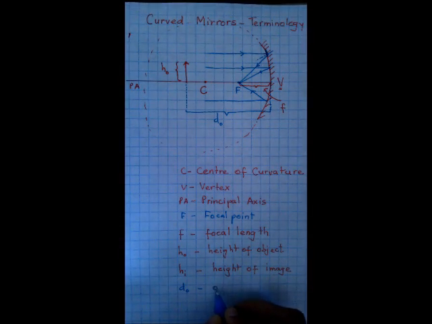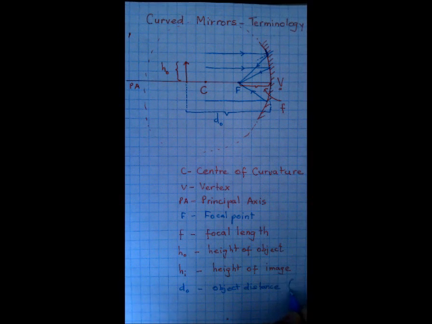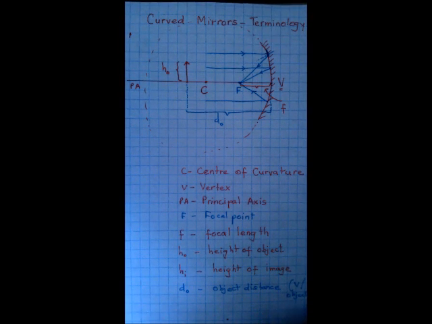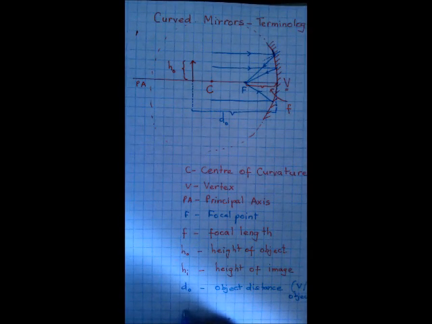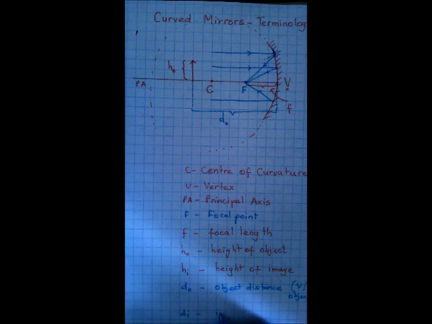DO, object distance. Remember that it's the distance between the vertex and your object. Similarly, DI would then be your image distance, which would be the distance between the image and your vertex.